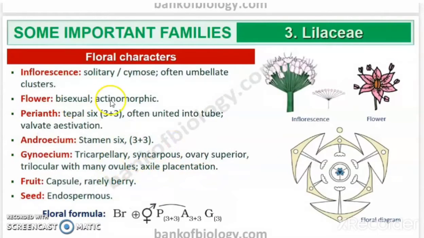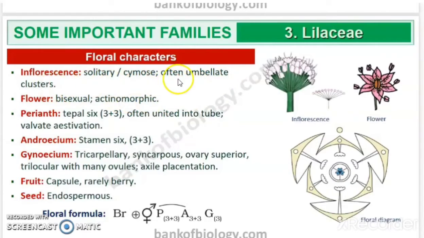If you see the floral part, first let us talk about the inflorescence. As I said, solitary means it is only one single flower on the floral axis, or in some plants it may be cymose. Often these cymose inflorescences are umbellate clusters, right?